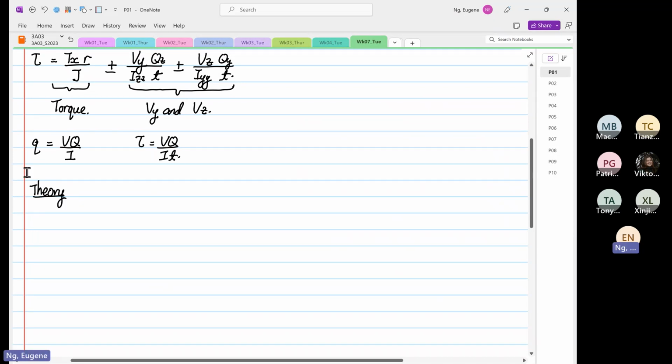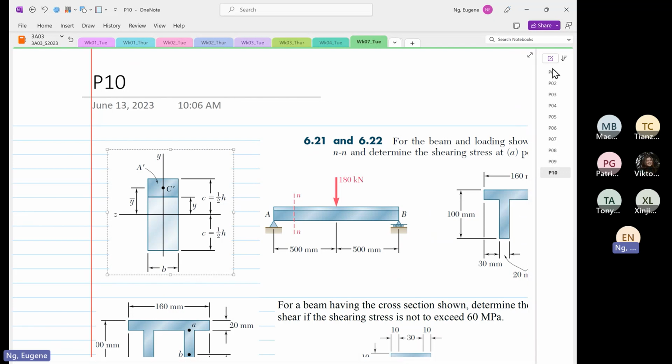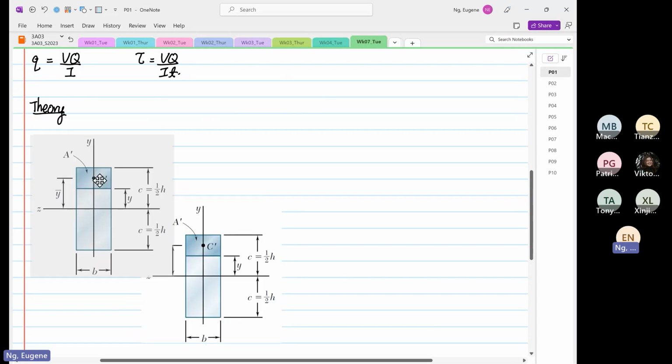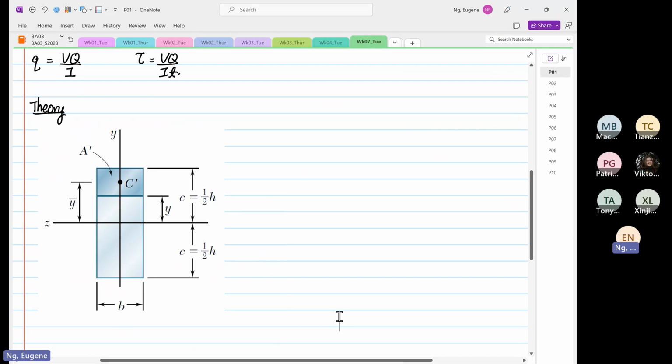I've posted some figures online which you all need to access. It's on week 7. If you all could retrieve the figures, it will be fantastic. Right, so let's look at this figure over here.